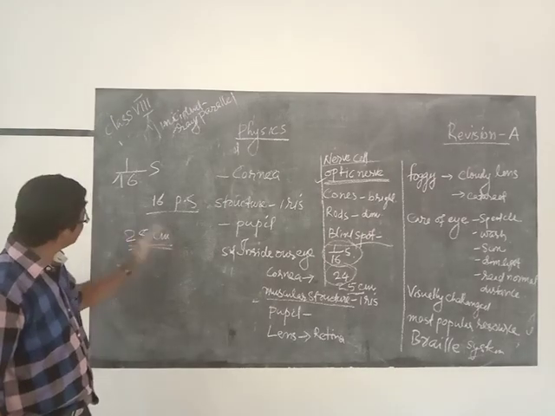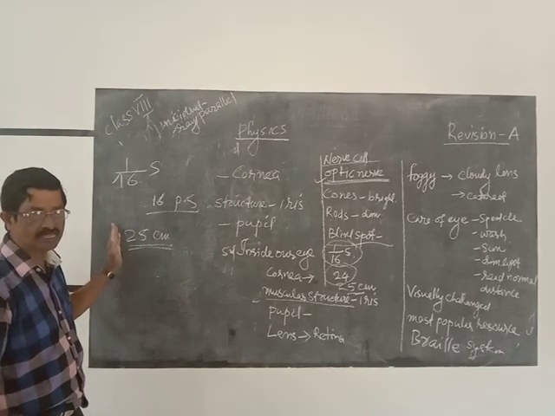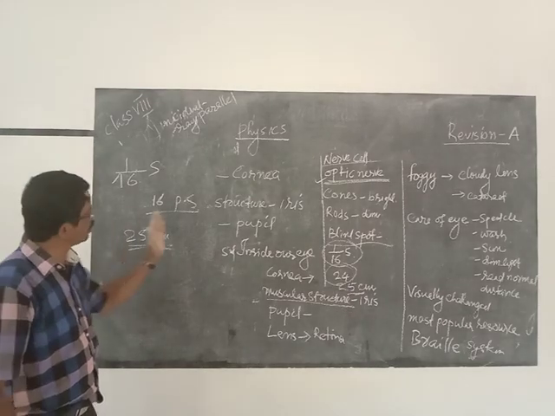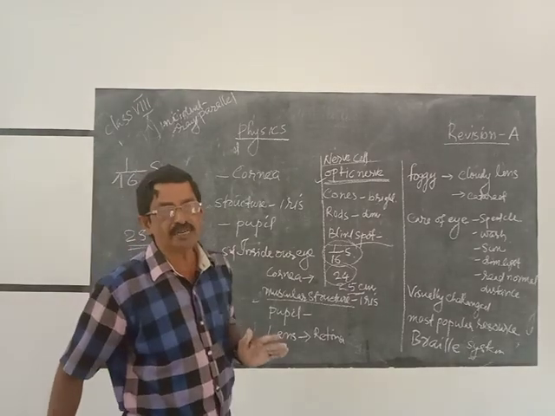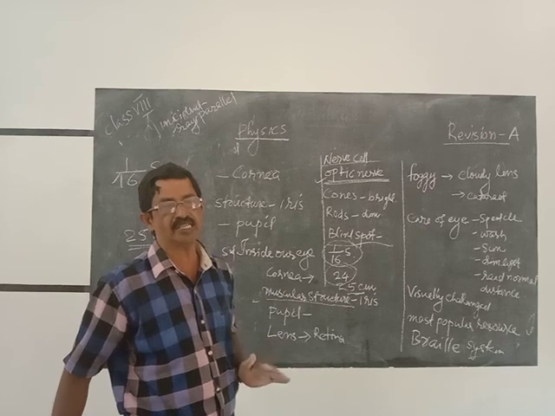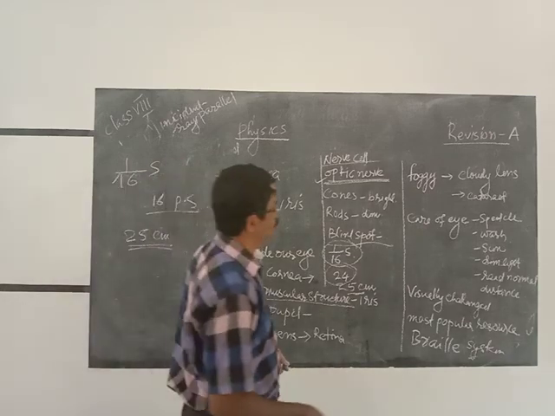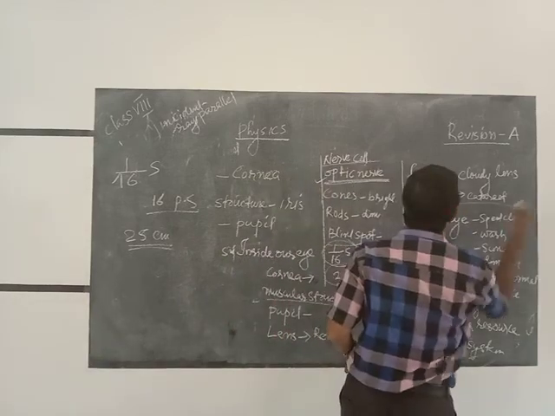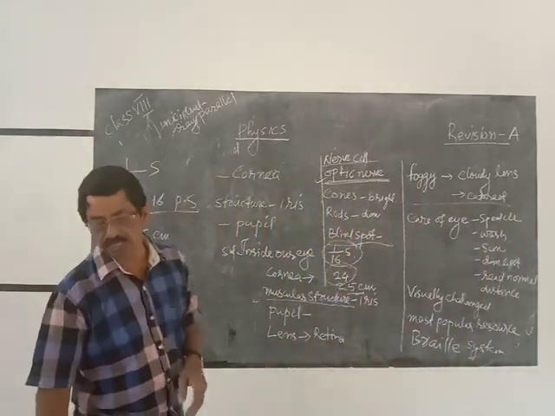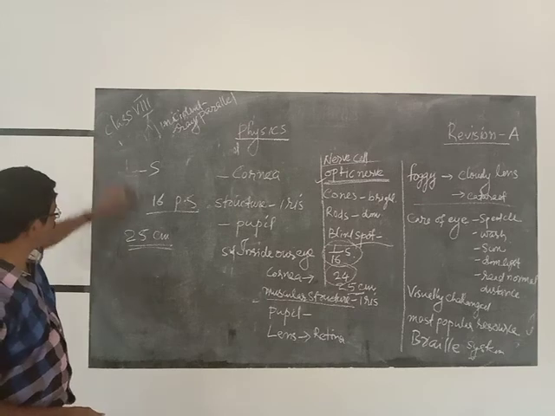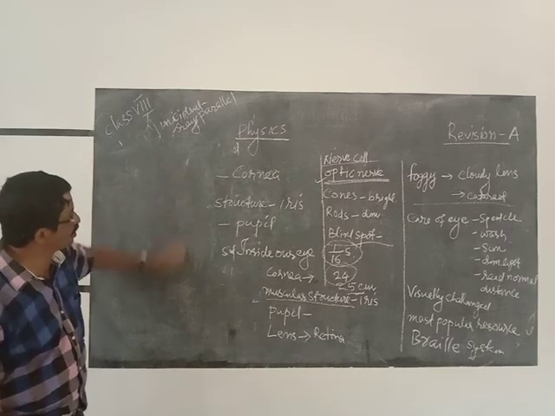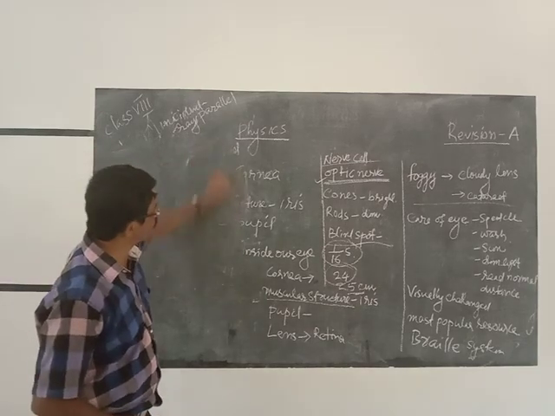So the minimum distance is 25 centimeter for a healthy eye, and maximum distance for a healthy eye is infinity. Now see, there are different defects that may happen to our eye.